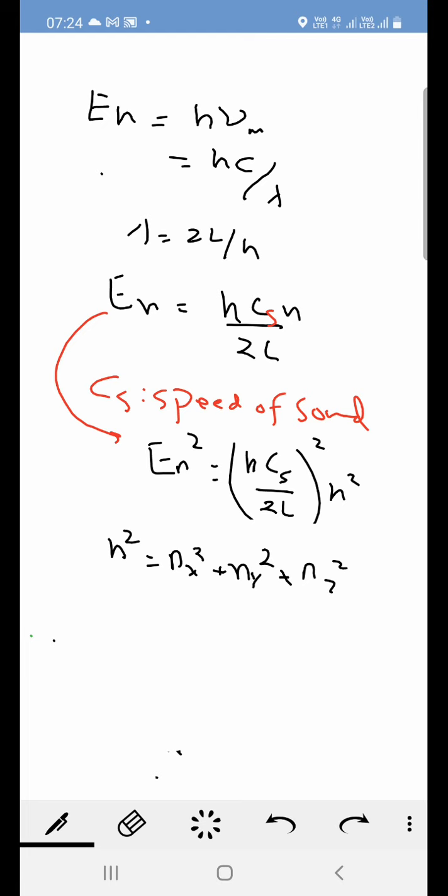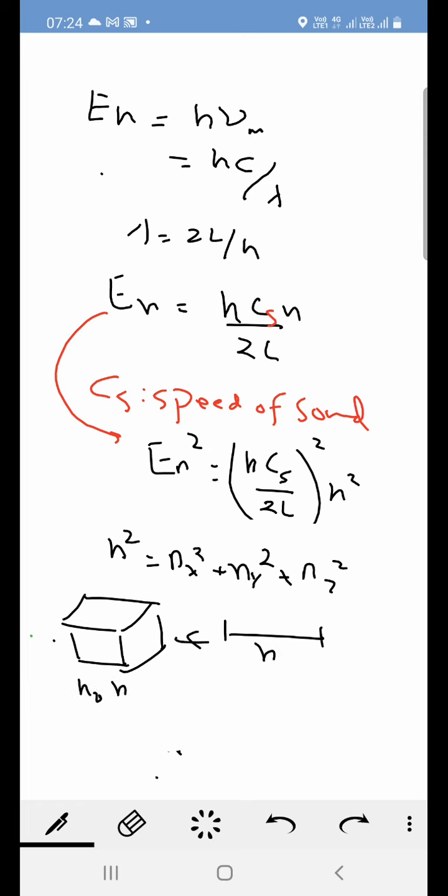We are actually assuming a cube. Initially it was clamped between two ends, so it was one dimensional. If we consider it three dimensional, initially it was only n, now there is nx, ny, and nz.